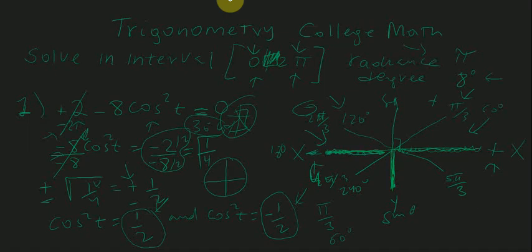So what do we have here? The interval: we have pi over 3, which is 60 degrees, then 2 pi over 3, which is 120 degrees, then 4 pi over 3, which is 240, and then the last one, 5 pi over 3, which is 300 degrees. These are all your angles for this trigonometric, college math problem.